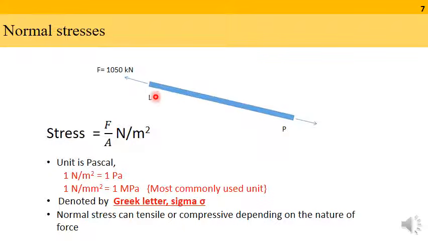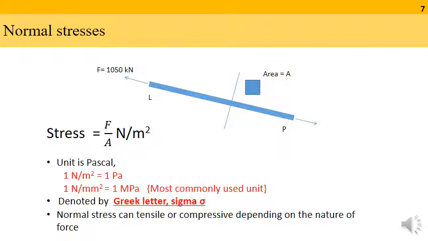In the member LP, we found out that the load was 1050 kilonewton, and we know that the stress is defined as F by A, where F is the load and A is the cross sectional area. Load and the cross sectional area are normal to each other. This is the definition of normal stress.